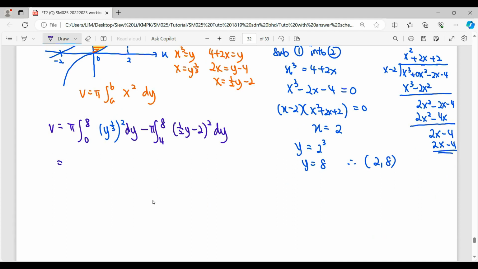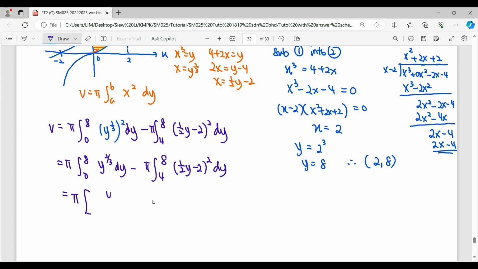Then we can start to integrate this. Simplify first: y to the power of 2 over 3. This one is already linear in the bracket, so they are ready to integrate. Power plus 1 will be 5 over 3, then over 5 over 3, we invert it to multiply by 3.